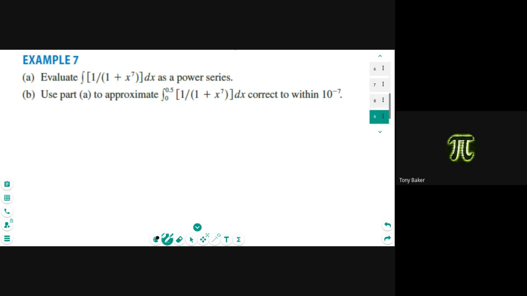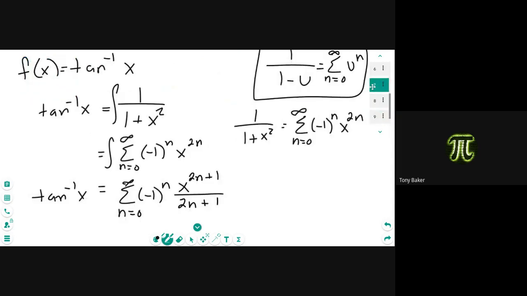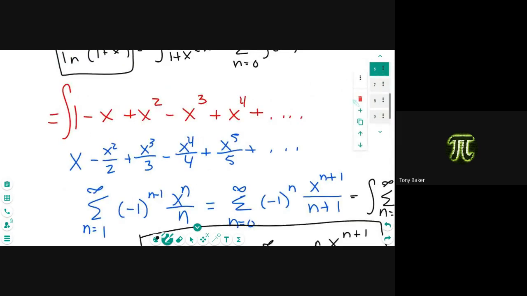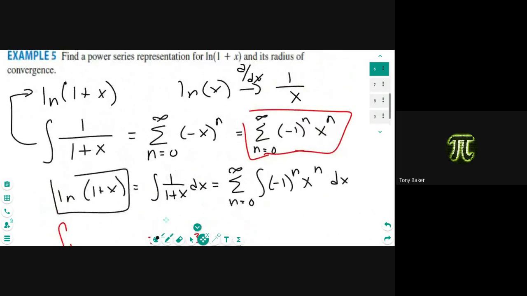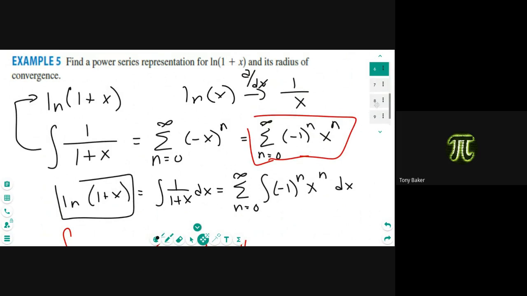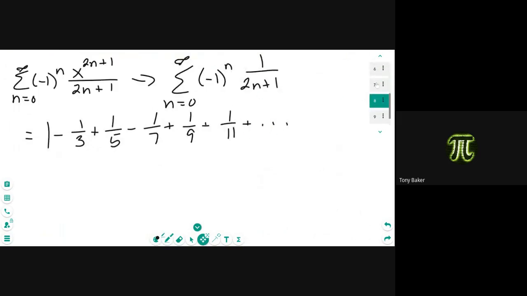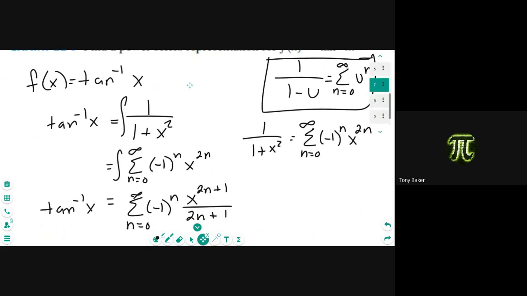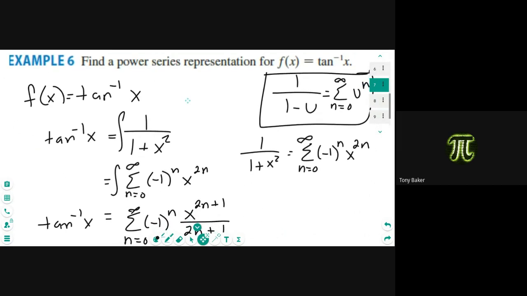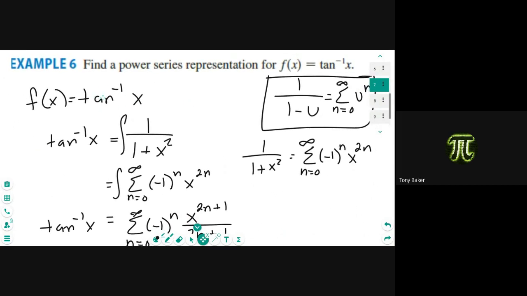So in the previous problem, we had ln of 1 plus x. The first step there was to take the derivative, because that put us in a form close to 1 over 1 minus something. In this one we did a very similar thing. The derivative of inverse tangent of x is 1 over 1 plus x squared.